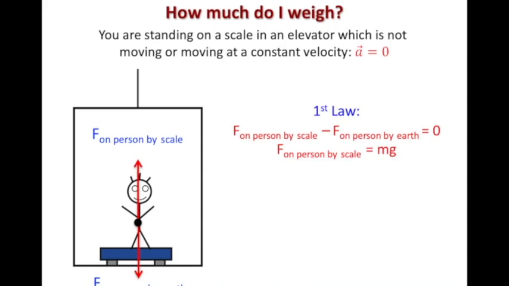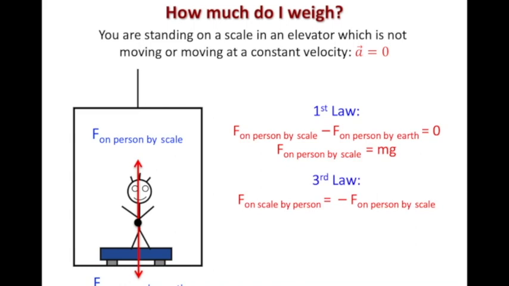And so if they're not accelerating, they're at rest, then we know that the person has no net force on them. So we know that F on person by the scale and F on person by the Earth must be equal and opposite, like we just said. And so that tells us that the force on the person by the scale, this upward force here, has magnitude mg, right? Just equal and opposite gravity.